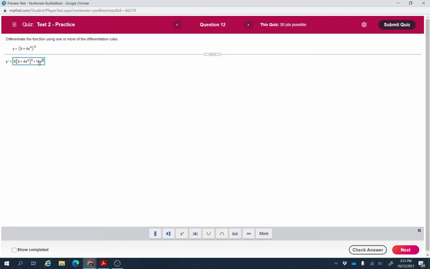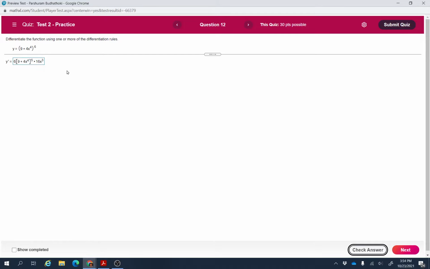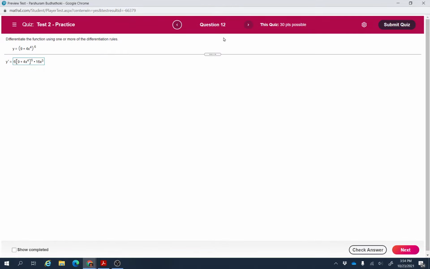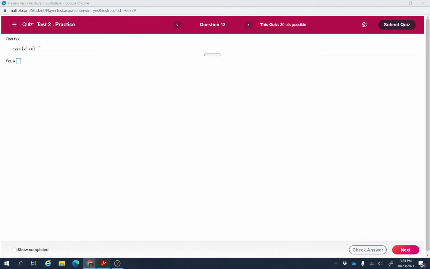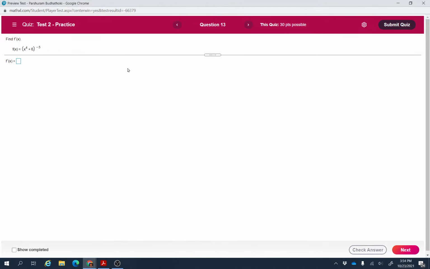You can just multiply 16 and 6 and write down the answer, or you can just write it down as it is. We don't have any instructions, so we can just write it like this. Okay, again we are doing the same thing. Use the very similar fact we did here, the general power rule. Just use this fact with n equal to negative 5 and use everything like this. So I'm going to skip this number.